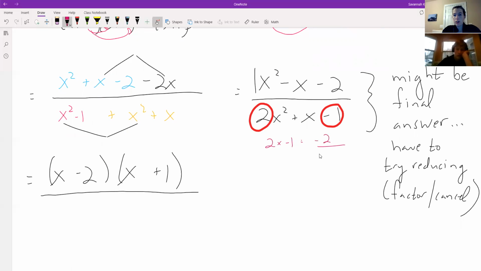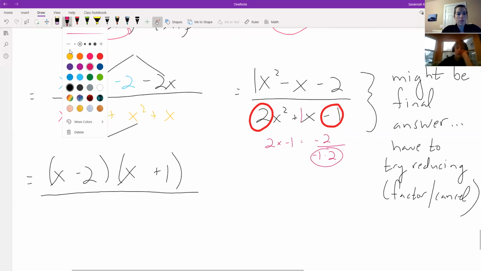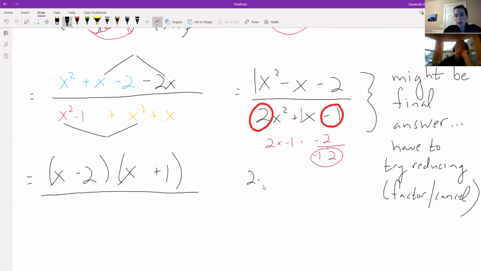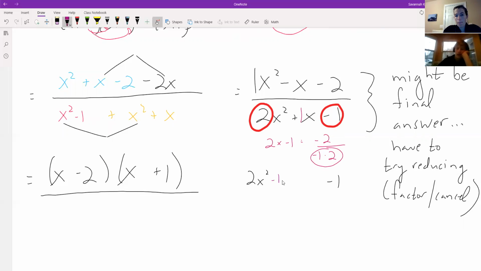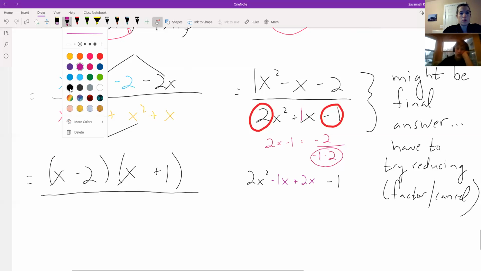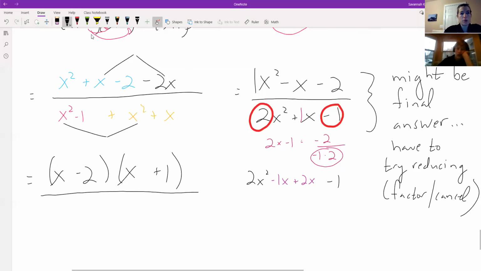You try to factor -2 in such a way that the factors would add to be that +1 that we have in the middle. Works out pretty well. Then you dive into the rewriting step where you leave the first piece alone, you leave the last piece alone, but you expand the middle piece. So instead of just 1x, now it's -x plus 2x, because those would add back if we were checking. We're kind of checking our steps here.